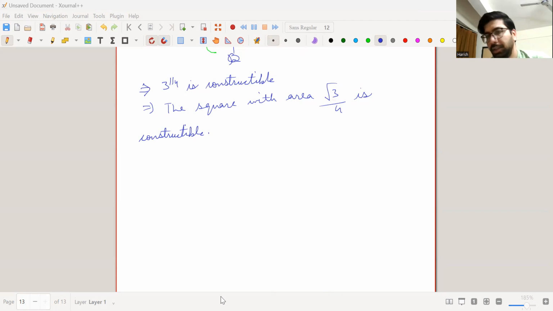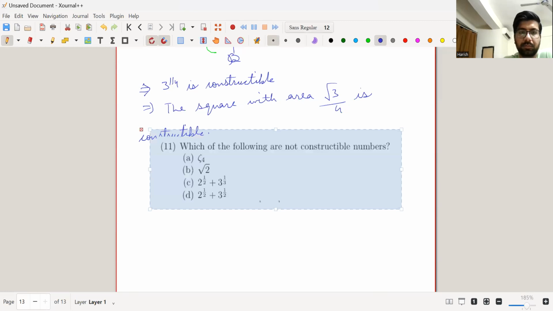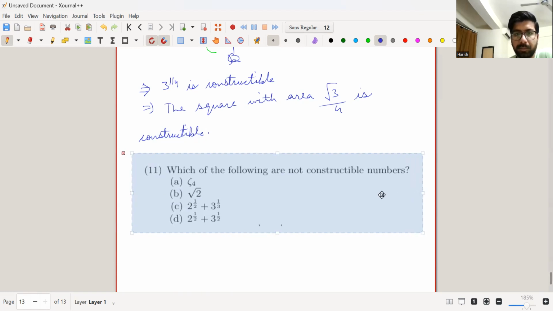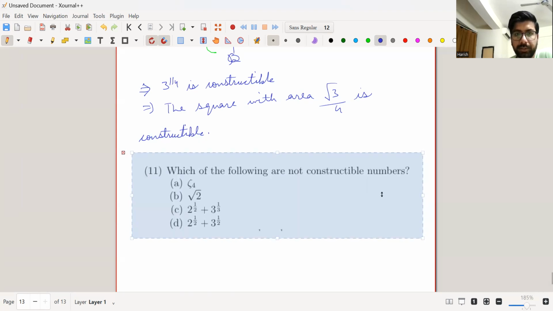So let me write question number 11. It says, which of the following are not constructible numbers?